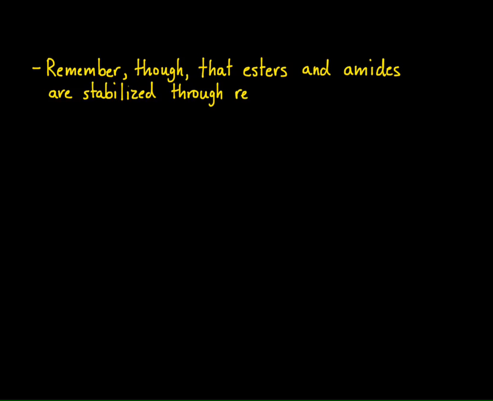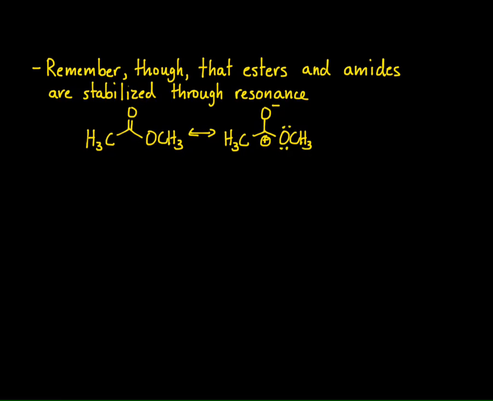Now, remember that esters and amides are stabilized through resonance. From previous chapters, we talked about the resonance stabilization of esters and amides, in that the heteroatom, in this case for an ester the oxygen, can help to stabilize the carbonyl. We can draw a resonance structure of the carbonyl, placing a negative charge on the oxygen and a positive charge on the carbon.